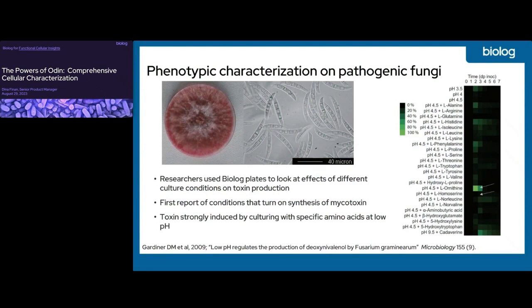You can see the two arrows. So they saw that the low pH and some specific amines actually acted synergistically on the biosynthesis of the toxin.